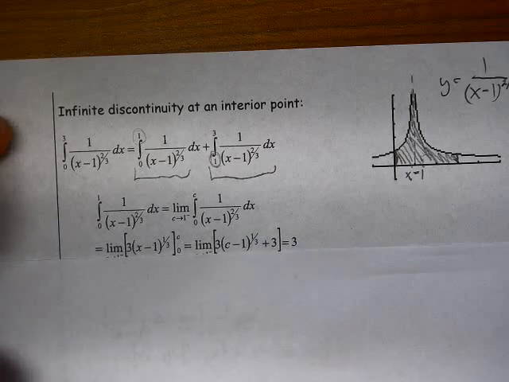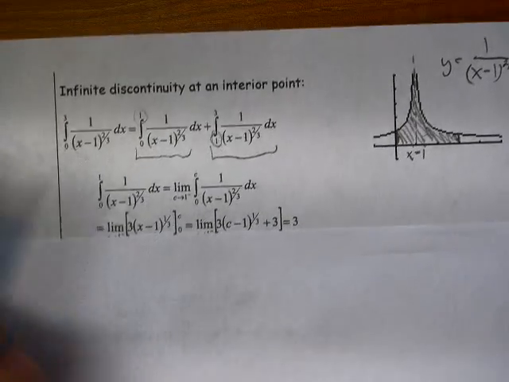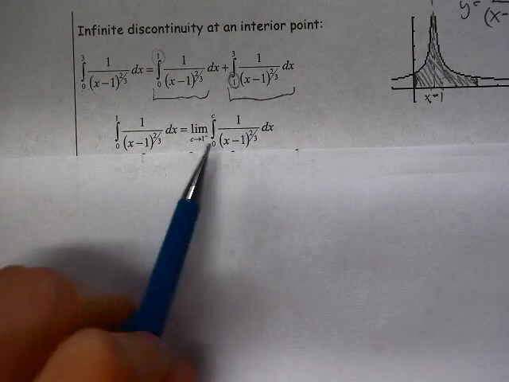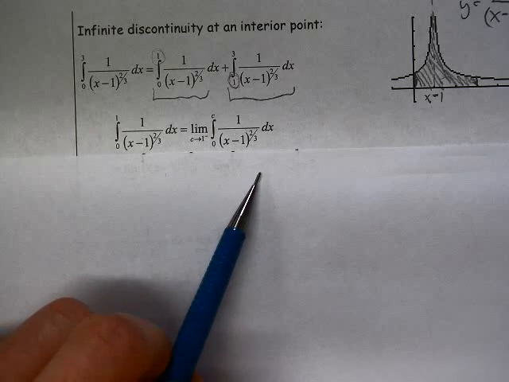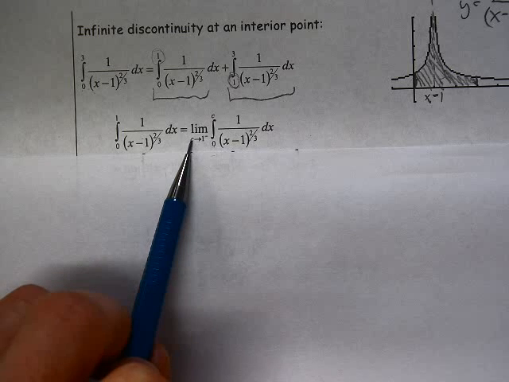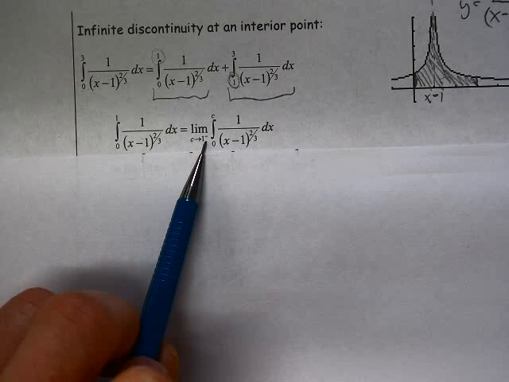So I'm going to work on the first one here in this case. So I'm going to create an integral from 0 to c. I'm going to replace the 1 with a c, and I'm going to approach 1 from the negative side. Right?